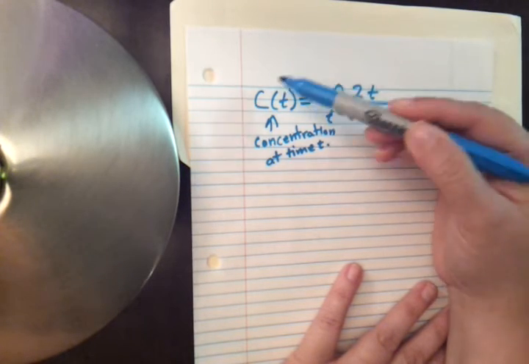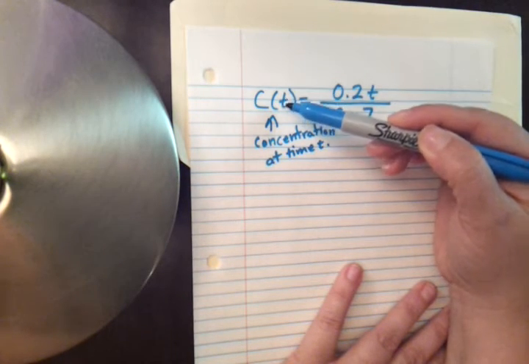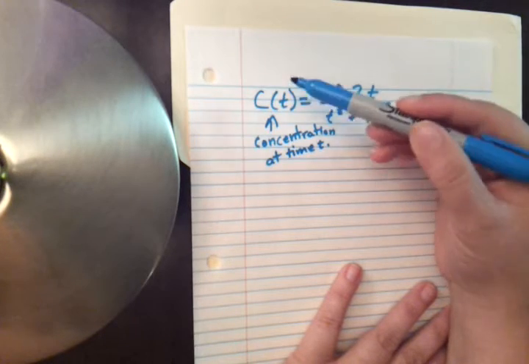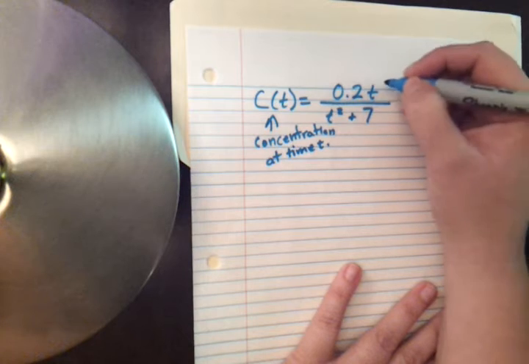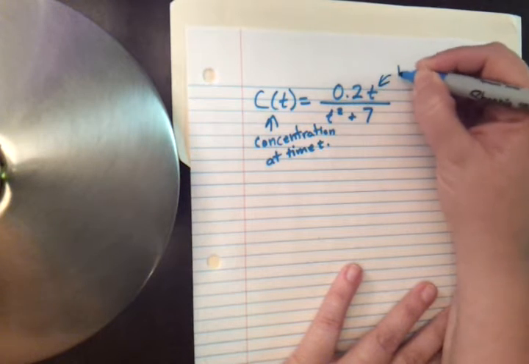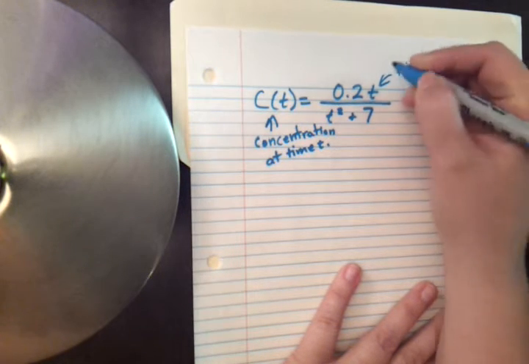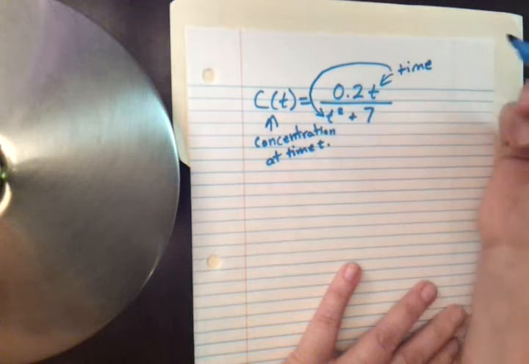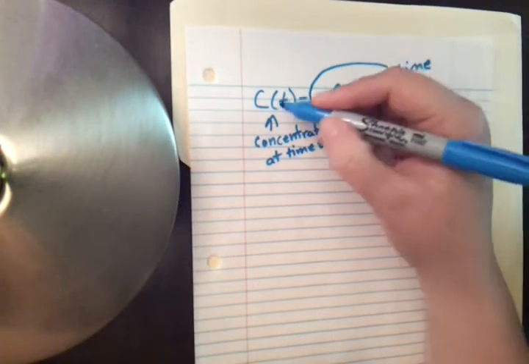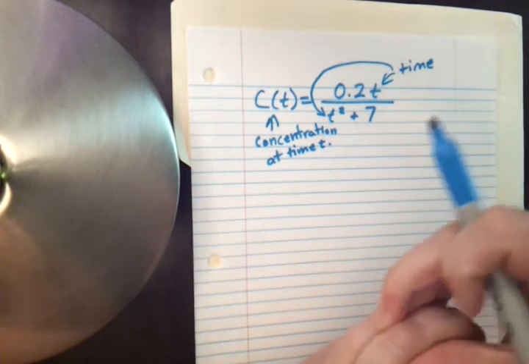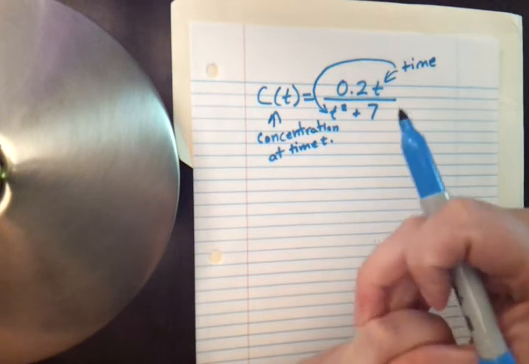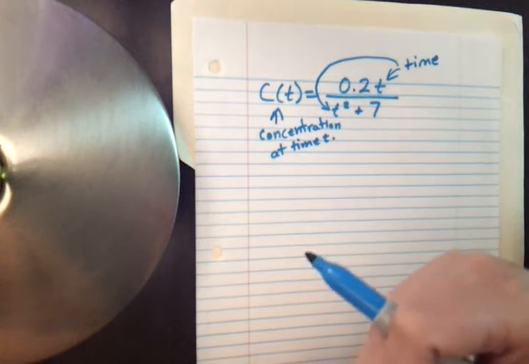So anyway, this just says that if you plug in a value for t into this function, you're going to get the concentration of the medicine in the patient's bloodstream. And so t here is time, t over here is also time. So if we had C of 8, we plug in 8 and we figure out what the concentration is after 8 hours.